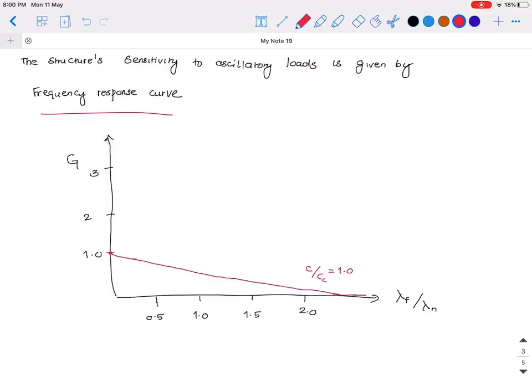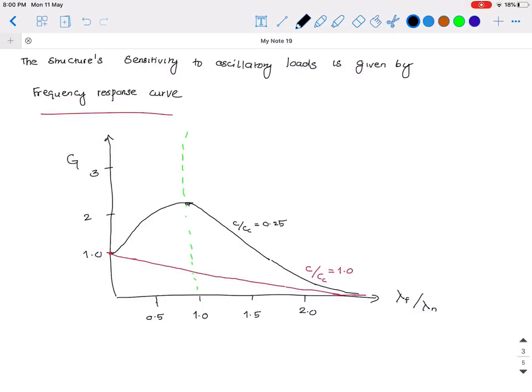Okay, so let me choose another color. But when C by Cc is 0.25, we are going to get something like this. There is a peak observed at lambda f by lambda n is 1.